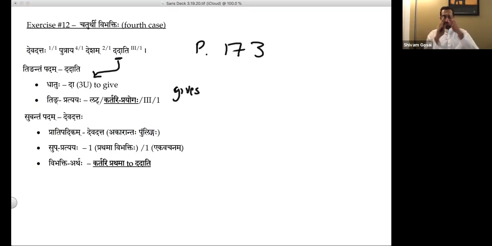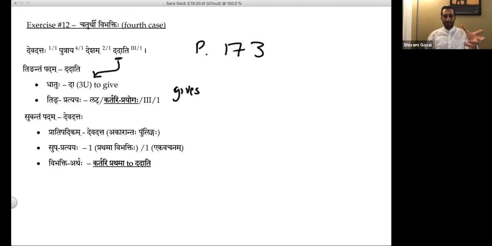Nouns are made up of two parts: pratipadikam and supratyaya. That's why we spend so much time in the beginning, right? So Devadattaha, pratipadikam is Devadatta, akaranta pullingaha shabdaha. Supratyaya, the suffix for this noun is prathama vibhaktihi ekavachanam, 1-1.